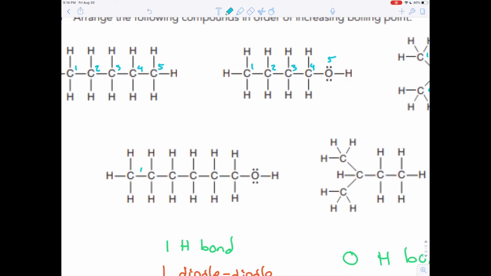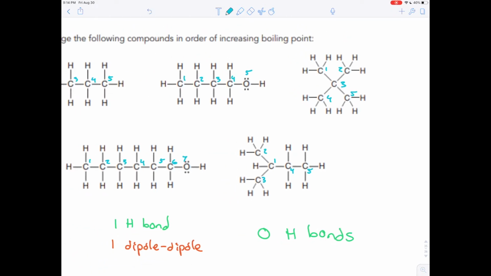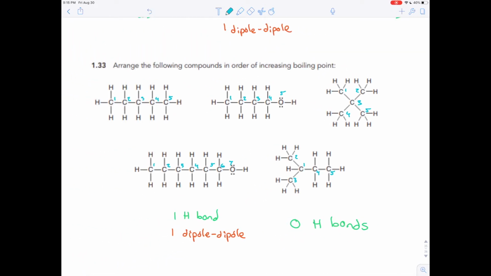Here I have 1, 2, 3, 4, 5, 6, 7. And here I have 1, 2, 3, 4, 5. Okay, now I'm not numbering the hydrogens here just because that would take a long time. What you'll find is that whichever molecule has more carbons and oxygens would also have more hydrogens. And so it sort of follows the same pattern. So you can save yourself some time by just looking at the carbons and oxygens.